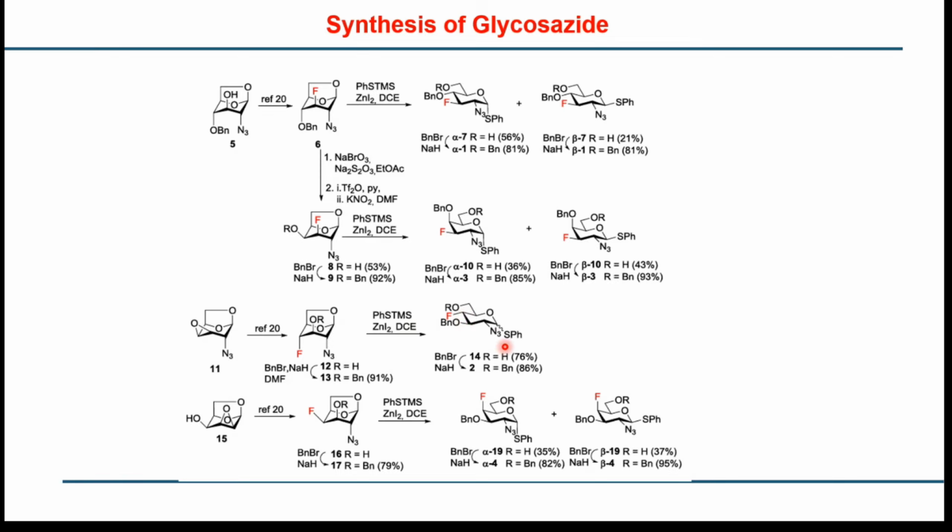So here they were not able to purify and separate out the alpha and beta, so they went with the alpha beta mixture. And in the case of C4 galactose fluorinated thioglycoside, they started with the 15, opening this C2 C3 epoxide followed by the opening of the acetal using the same condition. So they got the alpha beta separated C4 fluorinated thioglycoside donor.